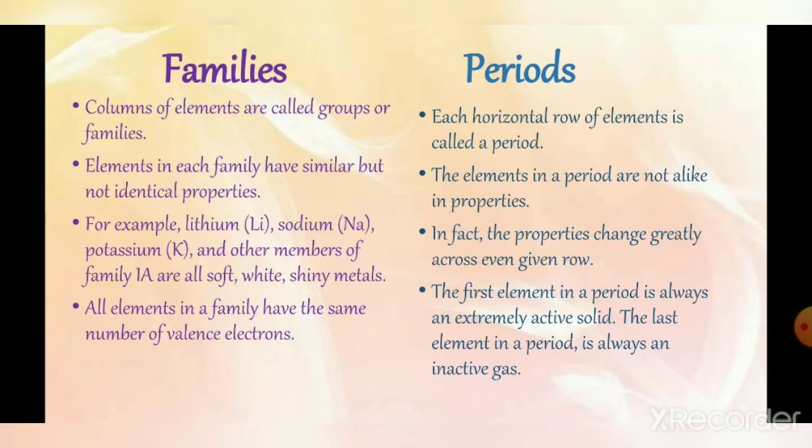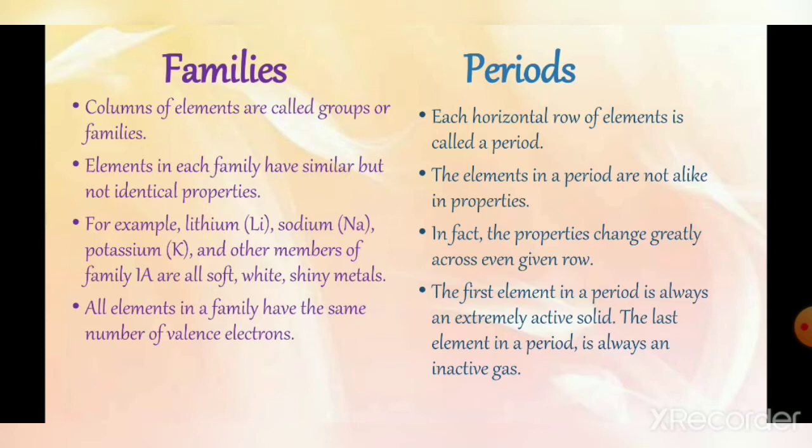And the elements in a period are not alike in properties. Means if we go through these periods, you will get different properties for each and every element. In families, for example, if we take lithium, sodium, potassium and other members of family 1A, they are all soft, white and shiny metals.